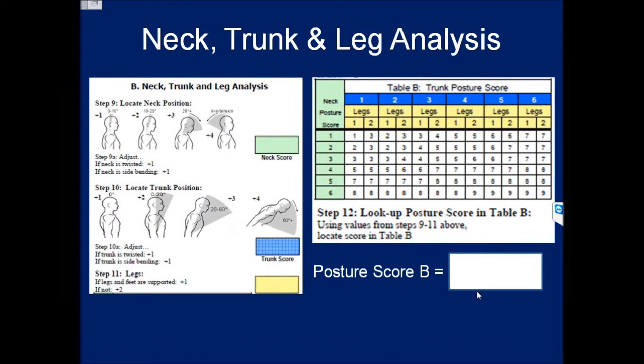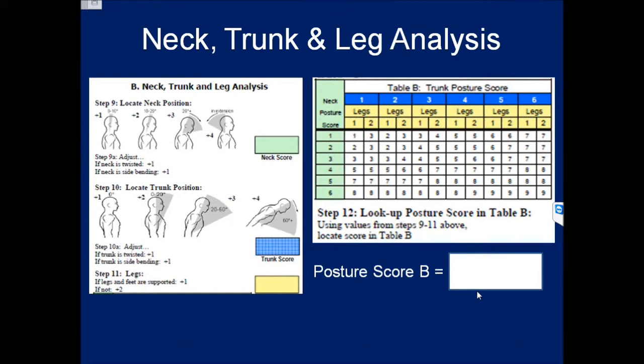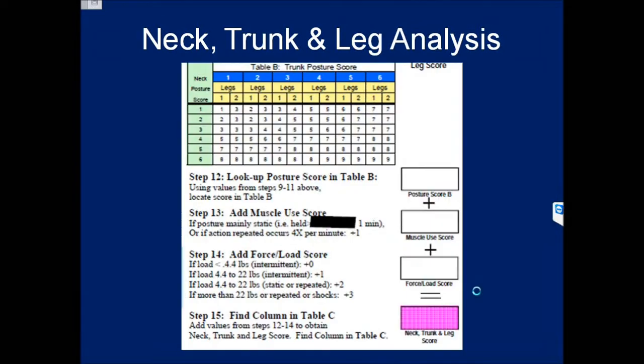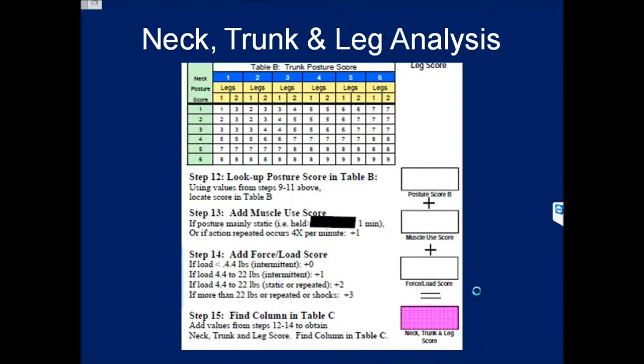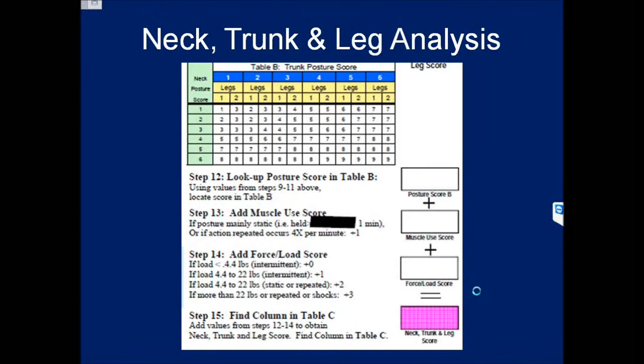And then your final RULA score is determined based on your neck and trunk score and your wrist and arm score. So you can see the steps are, you have to do an arm and wrist analysis, a neck, trunk, and leg analysis, and then you come up with your RULA score. And then based on your RULA score, you will have a recommended action.